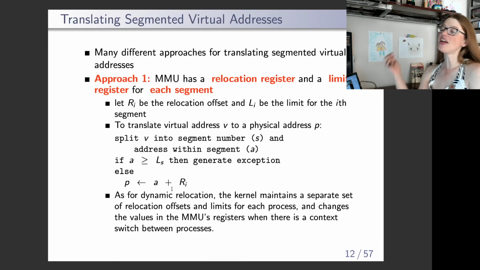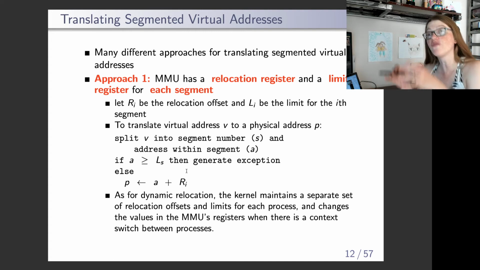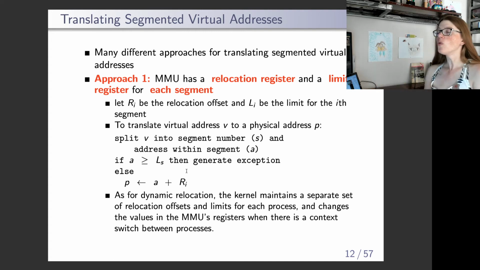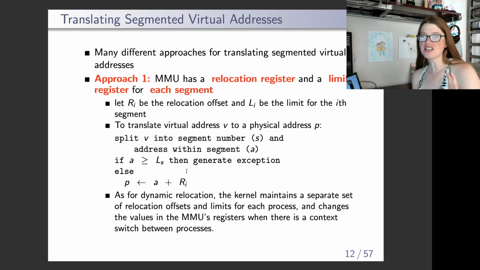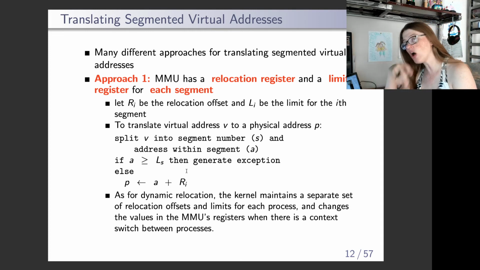So with this, how address translation works, where the MMU has the relocation and limit register for each segment, we're first going to peel off the bits to figure out what segment number this is. Once the MMU figures out which segment it is, then the MMU will know which of its relocation and limit registers to use for the translation. So we've got the segment bits peeled off. The next thing we're going to do is get the segment offset, which is all of the remaining bits of the address.